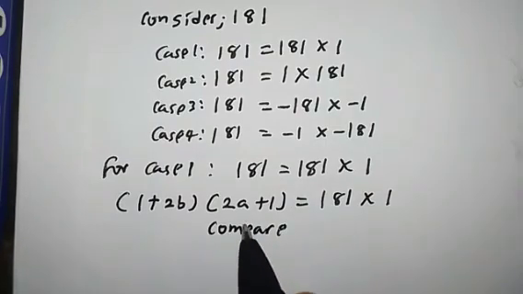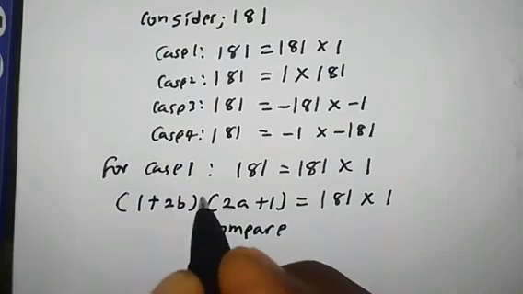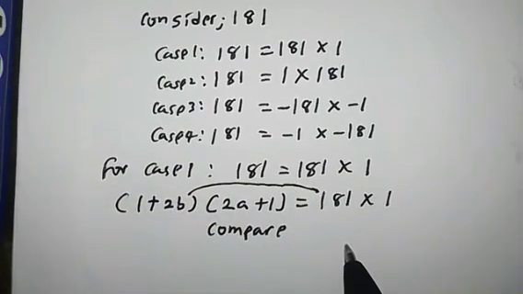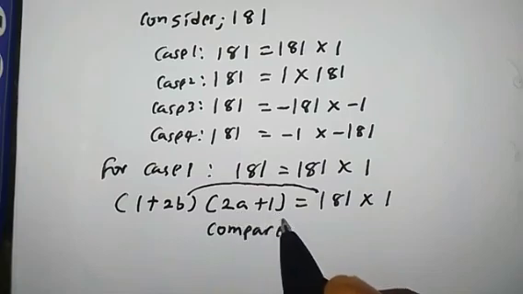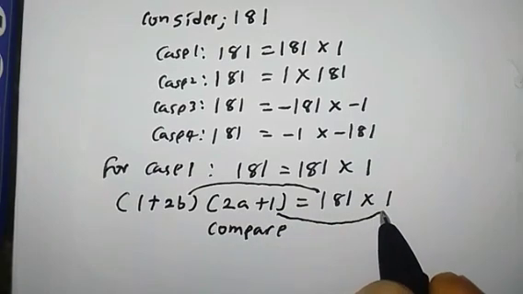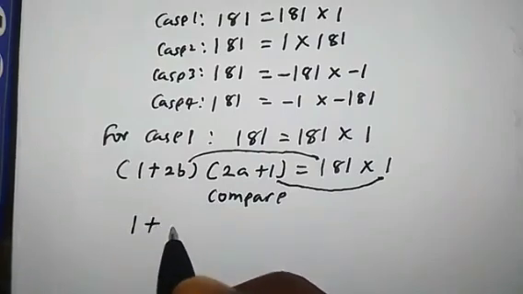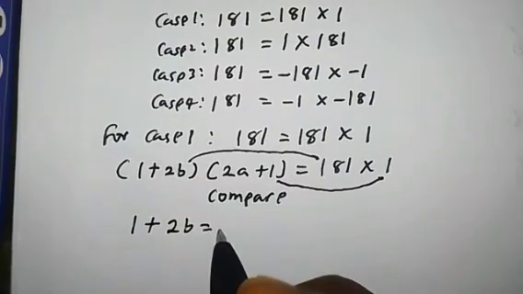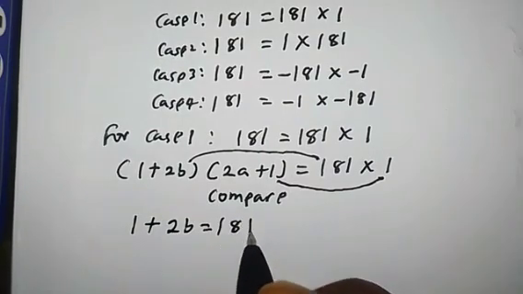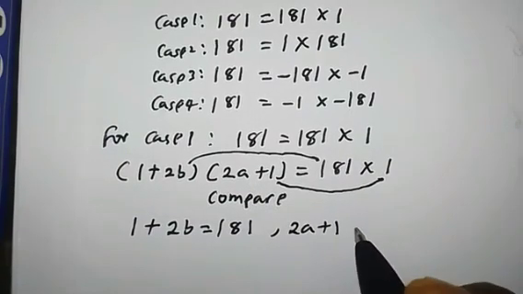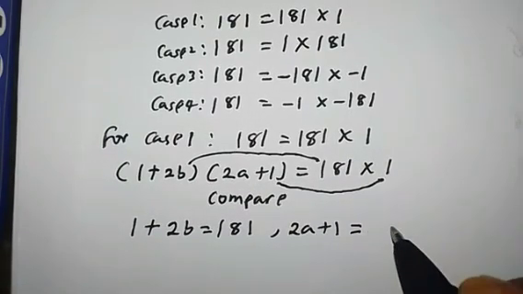Comparing, 1 plus 2b will be equal to 181, while 2a plus 1 will be equal to 1.